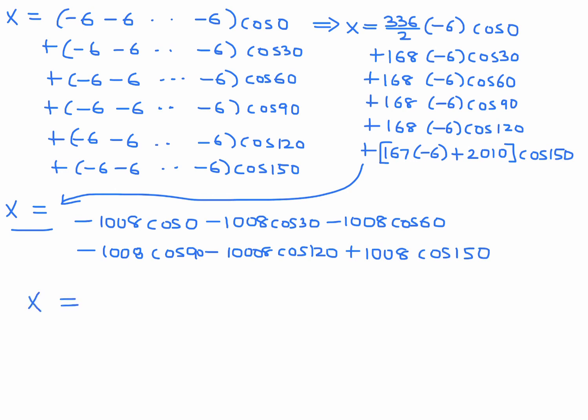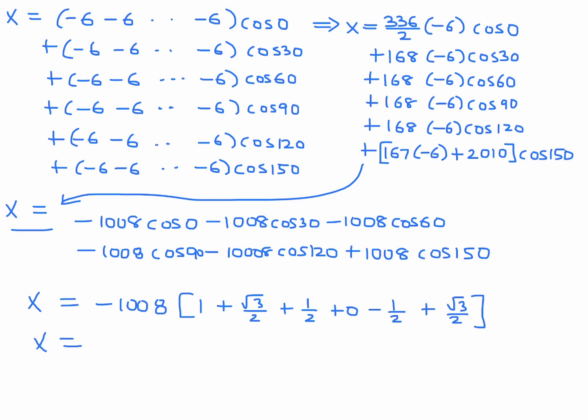Okay, now all we have to do is factor out a minus 1008 and then just write out the values of all of these numbers. Well, the cos of 0 and so on. And this is going to be 1 plus root 3 over 2 plus 1/2 plus 0 minus 1/2 plus root 3 over 2.